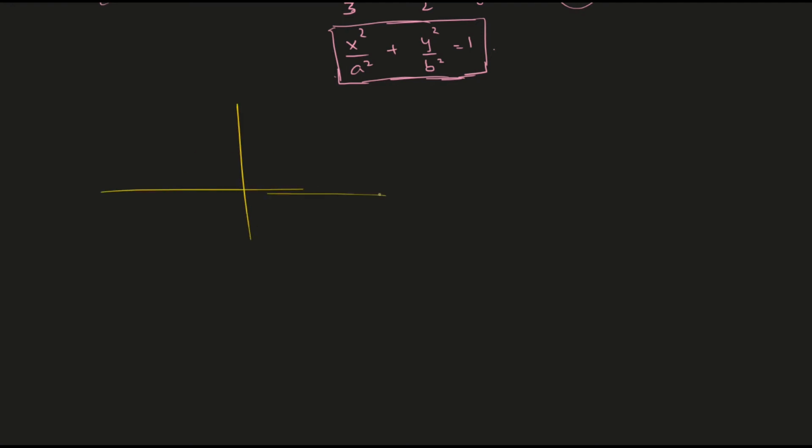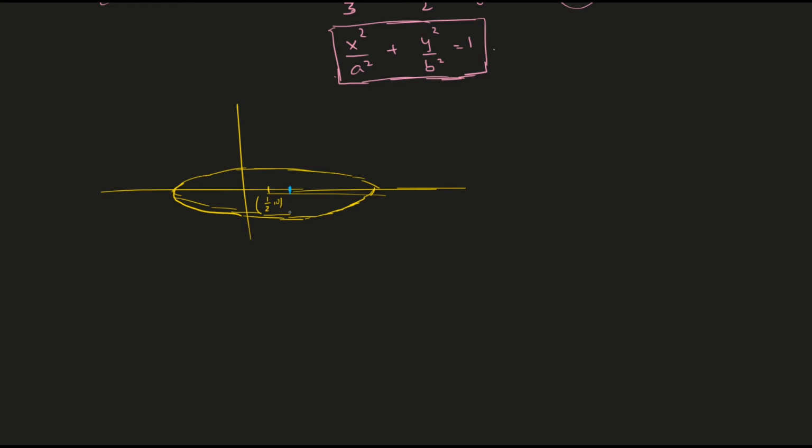So this is our coordinate axis. We have an elliptical region, and this elliptical region is centered around half, comma 0. Okay, now I have a circle, and that circle must be centered around 1, comma 0.